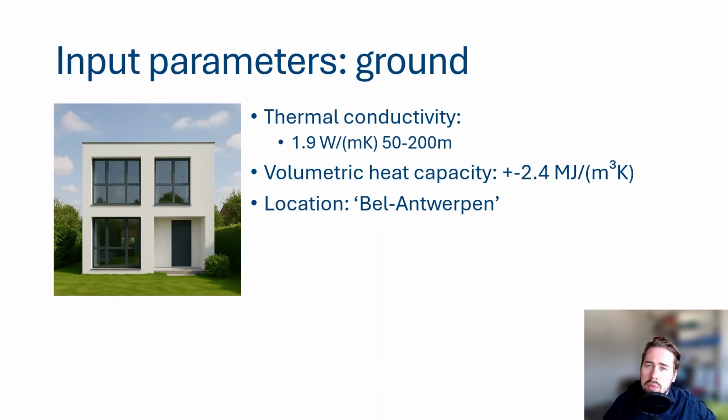We have a very homogeneous ground, just basically one layer of 1.9 watts per meter Kelvin between 50 and 200 meters. The volumetric heat capacity is around 2.4 megajoules per cubic meter Kelvin, and the project is located in the Belgian city of Antwerpen, hence the location Bel Antwerpen.